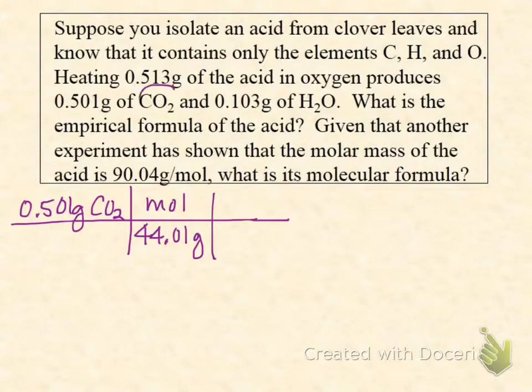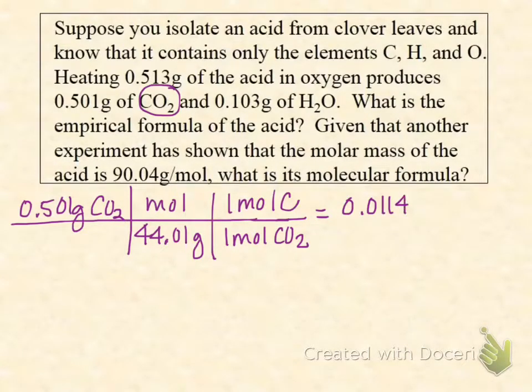In 1 mole of CO2, I know that I can have 1 mole of carbon. Do you agree with that? In every mole of CO2, there is 1 mole of carbon. So we're going to use that stoichiometric relationship. When I do that math, I get 0.0114 moles of carbon.